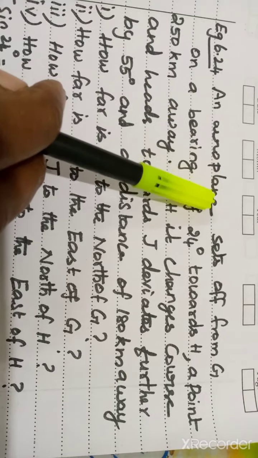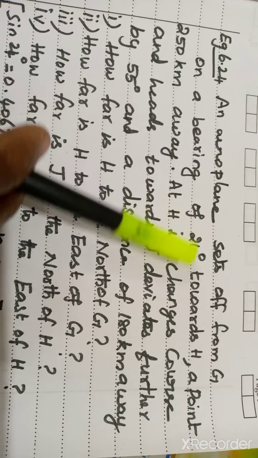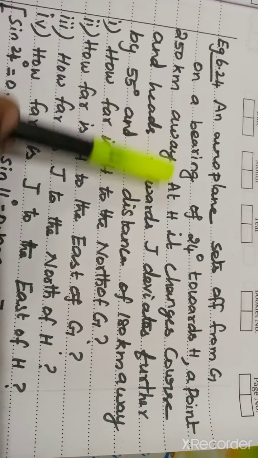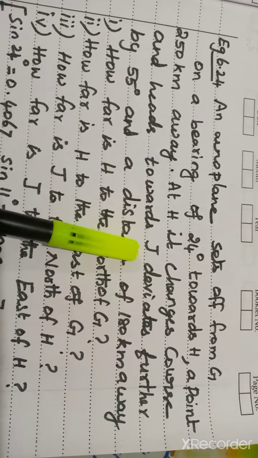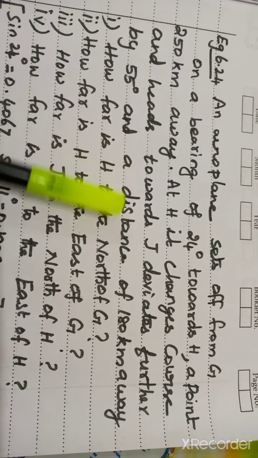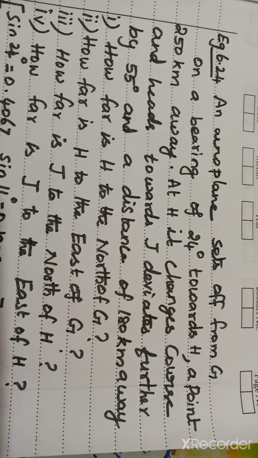An aeroplane sets off from G on a bearing of 24 degrees towards H, a point 250 km away. At H, it changes course and heads towards J, deviating further by 55 degrees, at a distance of 180 km away. Here four subdivisions are given.